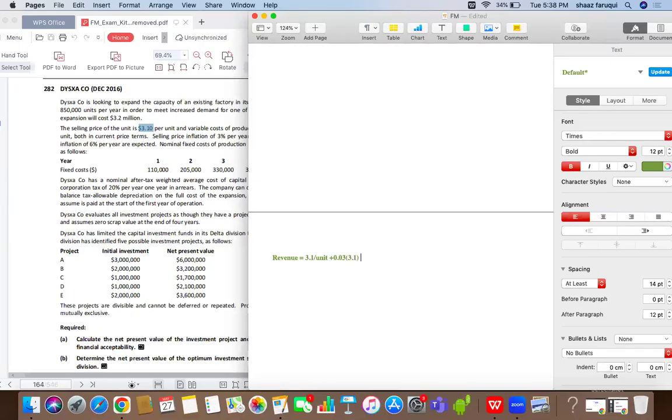How much is 0.03 into 3.1? 3% of 3.1. Who can tell me? Guys, we will have to go faster, and we will go faster if you're sitting with calculators. 0.093. So 0.093 plus 3.1. How much will be the new selling price for the first year, Trisha?